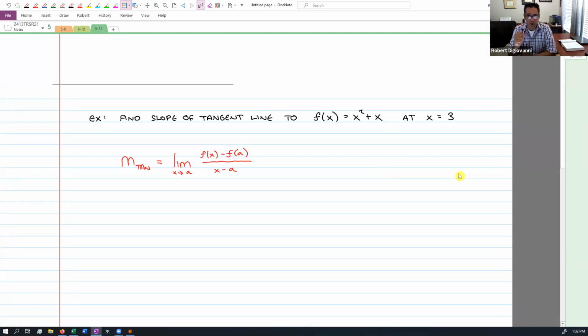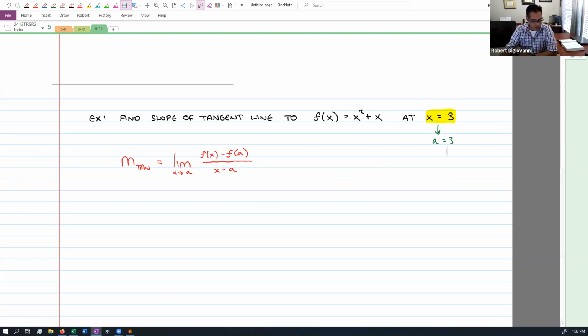What's that anchor point, that base point we're interested in? It's 3. The 12 will come into play, but the a is the 3. Even though it says x is 3 here, I know it's confusing, that's what the a is.